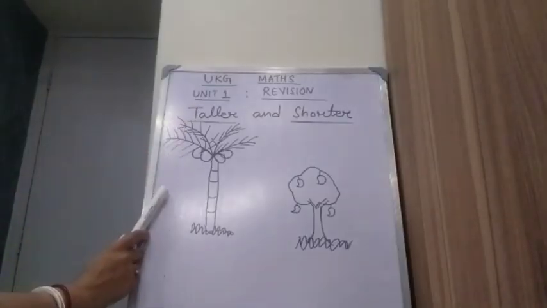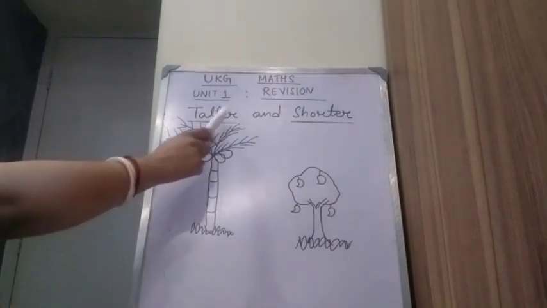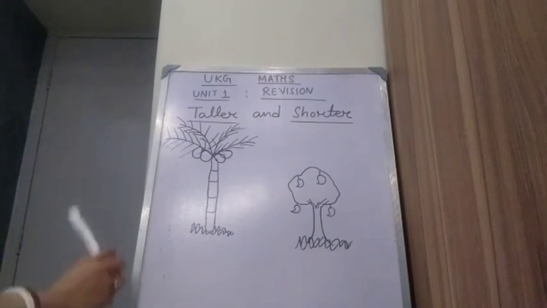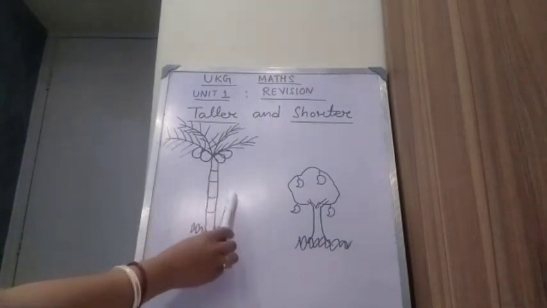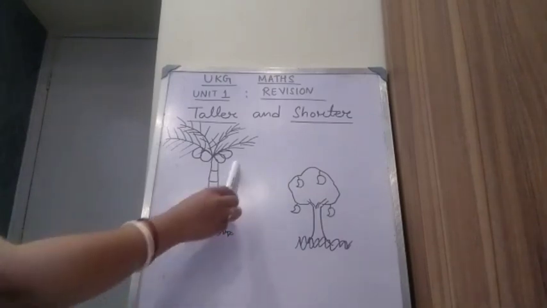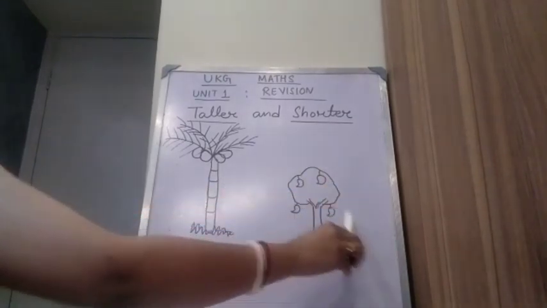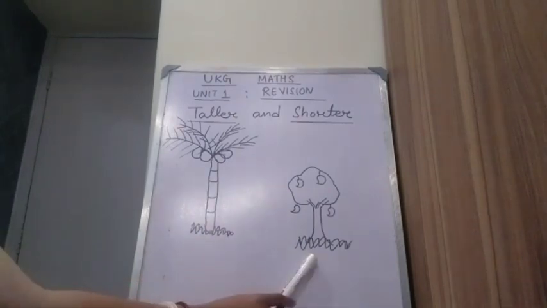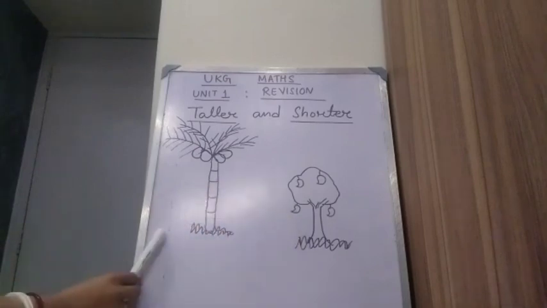Our next topic is taller and shorter. Okay? So, when we have two objects of unequal heights, this is their height. Okay? So, we have here a coconut tree and a mango tree.